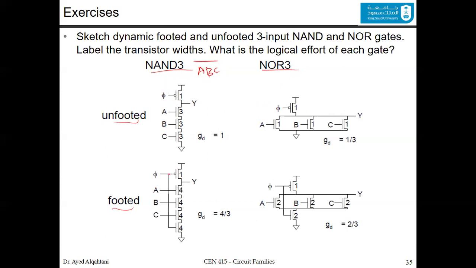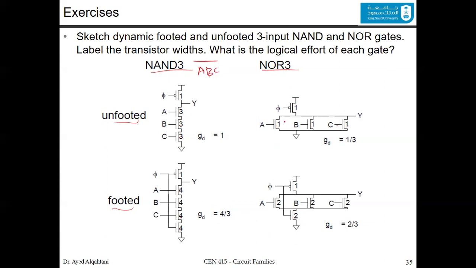If it is footed, you connect the phi also to another transistor in the pull-down, which is the foot. Now for the NOR, they are parallel, and you can add the foot like this. Now the sizing is one of the easy sizings in all the designs, as we mentioned. So now you have 3 transistors, so it's 3, 3, 3. 4 transistors, so it's 4, 4, 4, and 4.